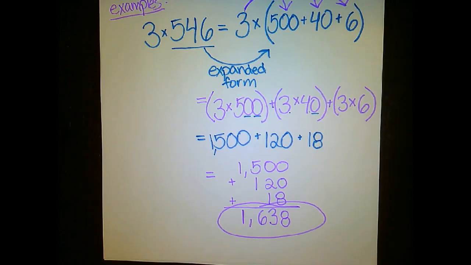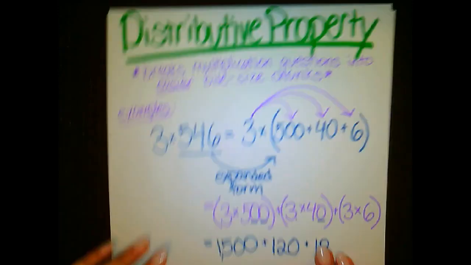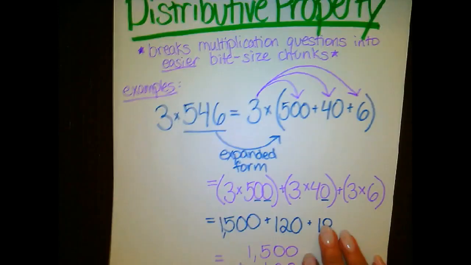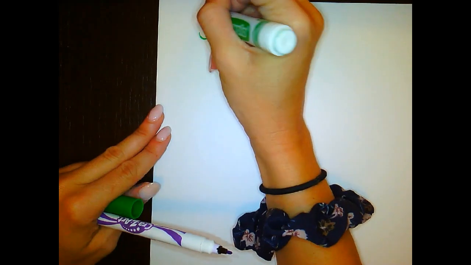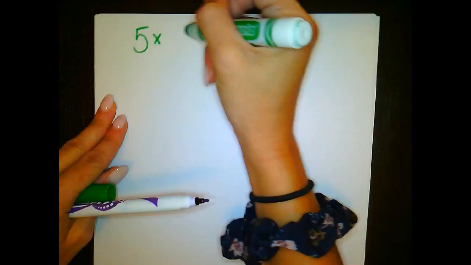Let's try. This time we are going to do 5 times 624 equals. So, like I did before, I start with my regular number. It stays the same.